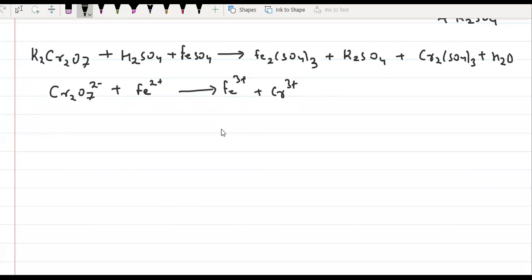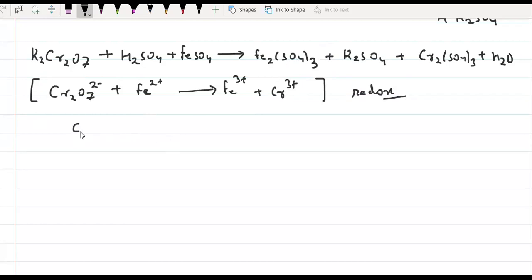This is your final redox reaction after removing all the spectator ions, because SO4 2-, K+, and H+ are all spectator ions. Got it? Tell me yes or no.